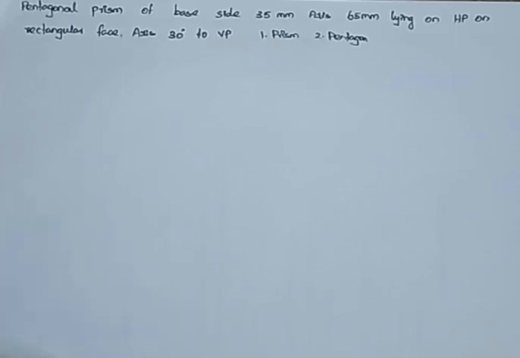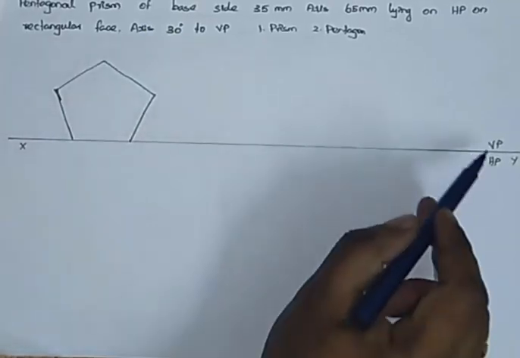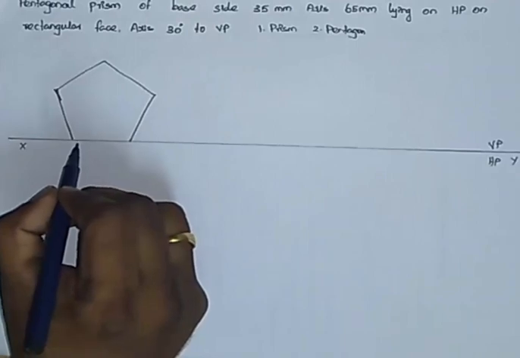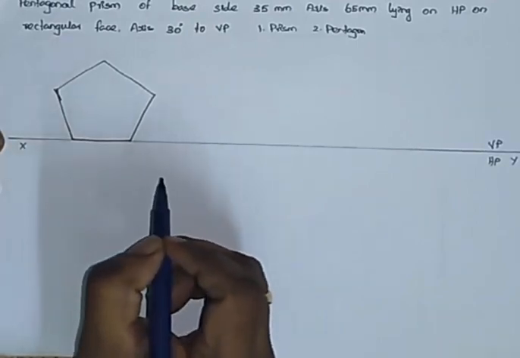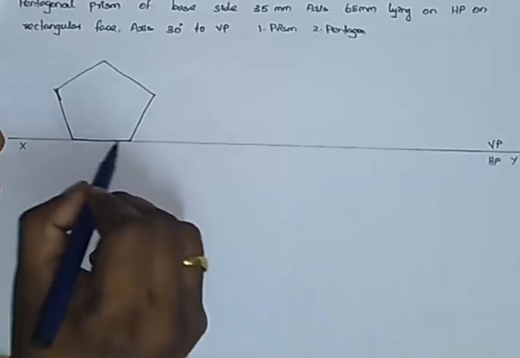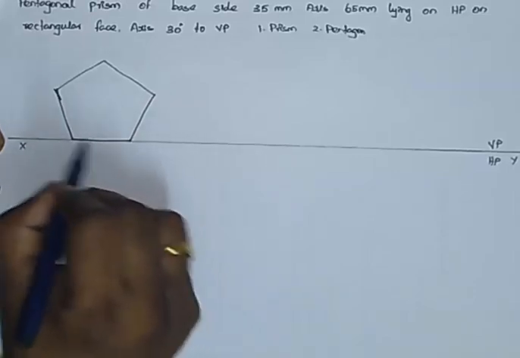So that XY plane and the rectangular face will be parallel to each other. So first I will draw the XY line. I have drawn the XY line, make it as VP, HP, and I am keeping the rectangular face parallel to XY line since it is resting on HP with its rectangular face.